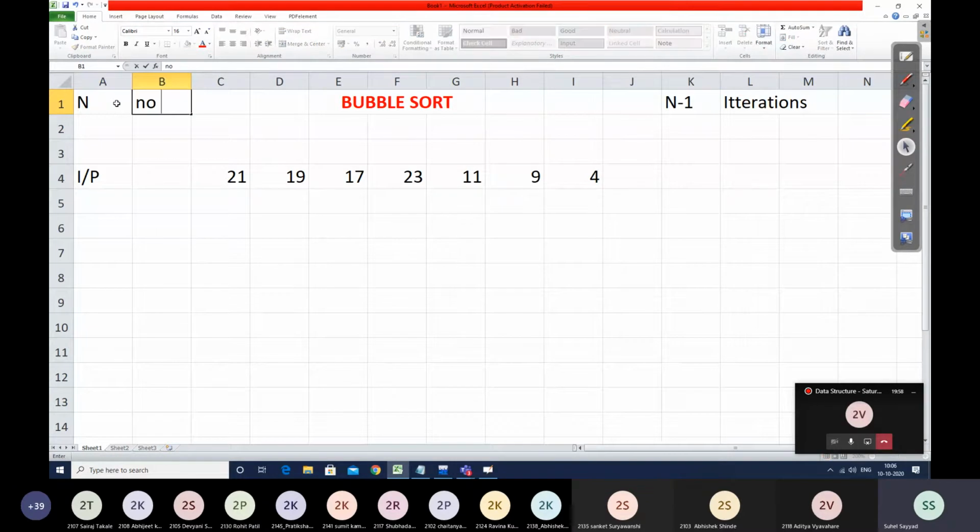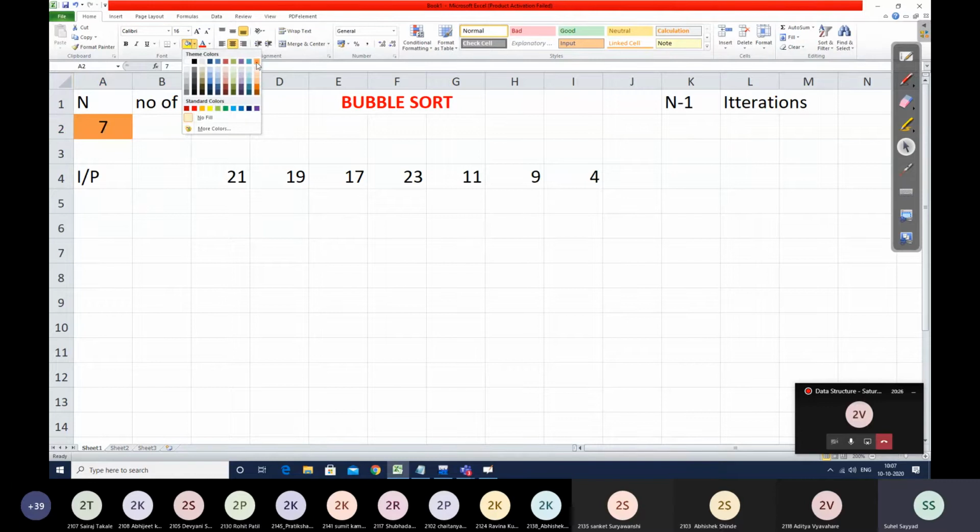N is basically the number of elements. So how many elements have we taken here? We have 1, 2, 3, 4, 5, 6 and 7. We have these 7 elements, so n for us in our problem is 7.